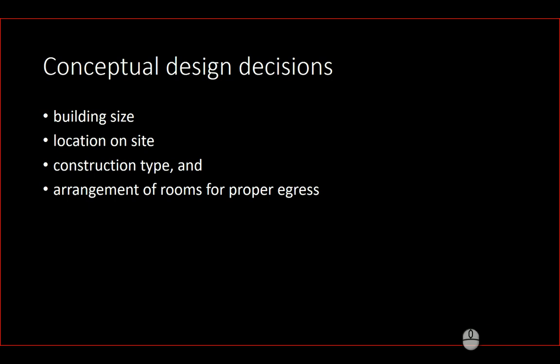So at the very early stages of design, in conceptual design, we're often worried about the building size, the location on site, the construction type, and the arrangement of rooms for proper egress.